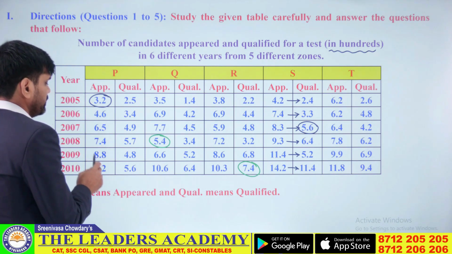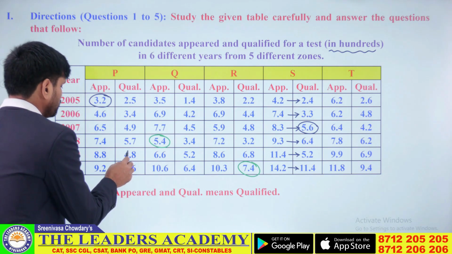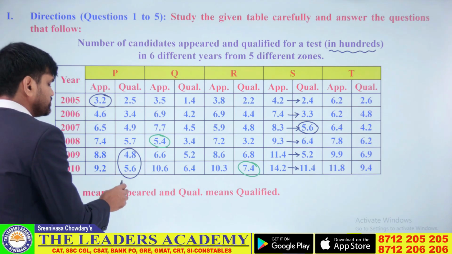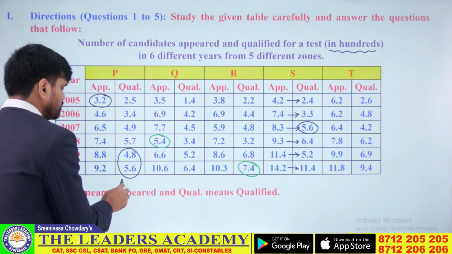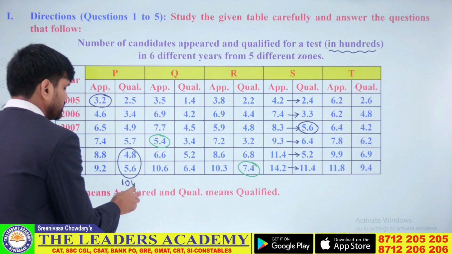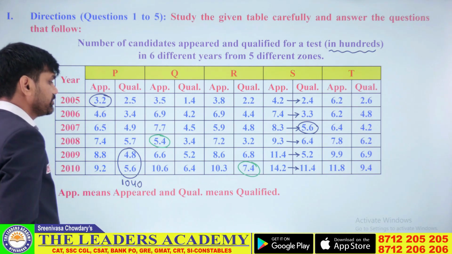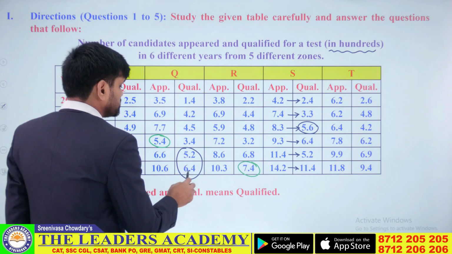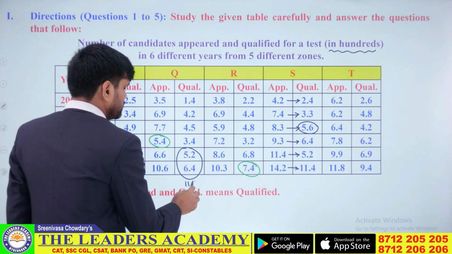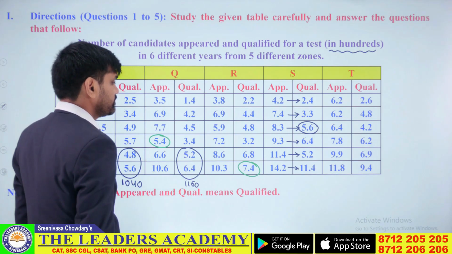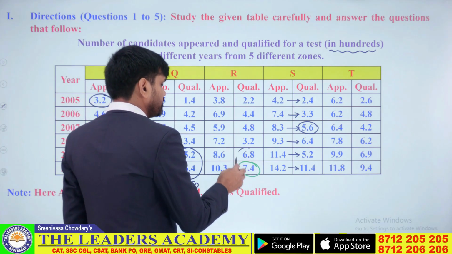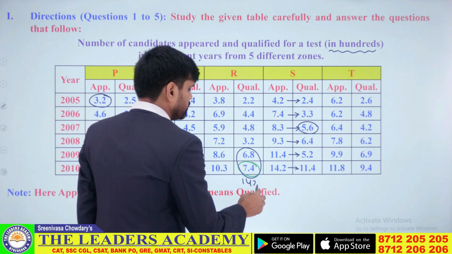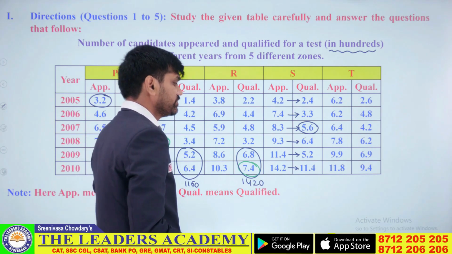Zone P, that is giving you how much? 4.8 plus 5.6. So 480 plus 560 will give me 1040. Next, from Q, 520 plus 640 will give you 1160. Next, 680 plus 740, that will give you 1420.